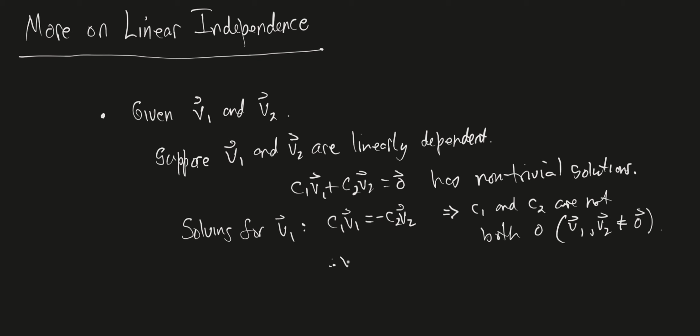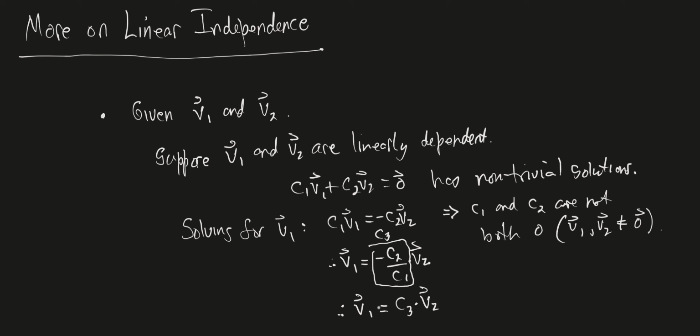Therefore, v1 is equal to negative c2 divided by c1 times v2. These constants are not both 0, and I'm dividing one constant by another, which leads to a third constant. So I'm just going to relabel this whole thing as c3. It's just another constant. Therefore, v1 is equal to c3 times v2.